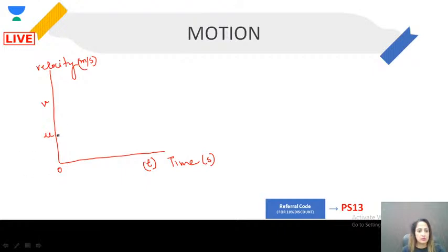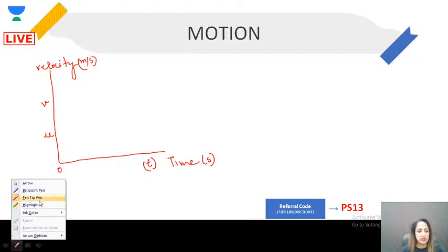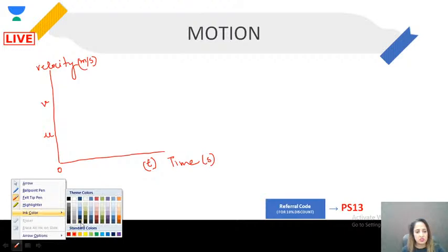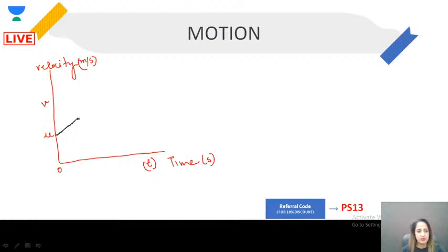So let's say the object, when it started moving, it had some initial velocity. Okay, here is the object which is moving in that direction, and it has some initial velocity which it did not start from zero. So it is not having a zero velocity, it is having some velocity.